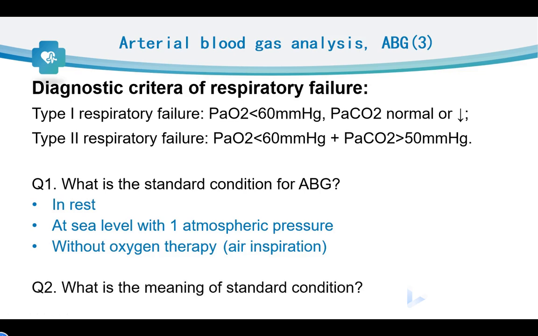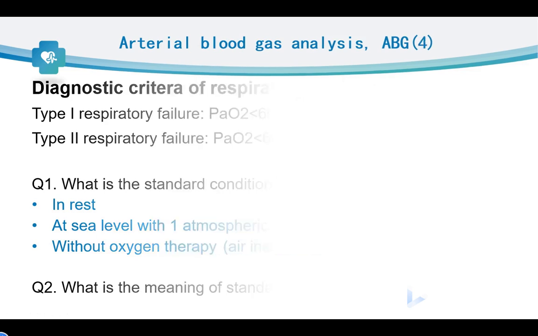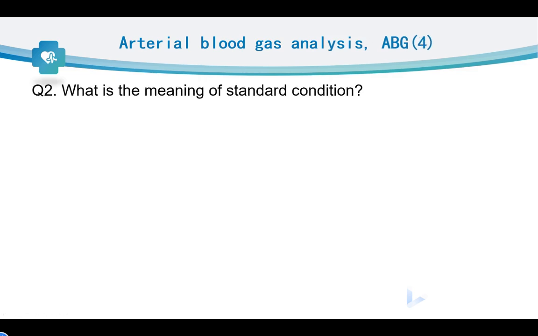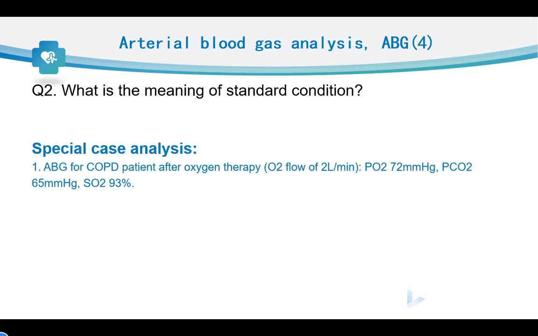Now think about another question. What's the meaning of standard condition for ABG? It's a very important condition for ABG. Firstly, let's look at some special case analysis. The first case is about a COPD patient.